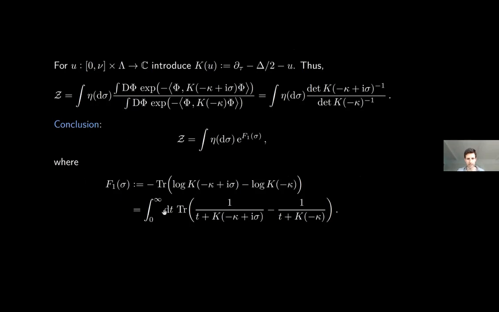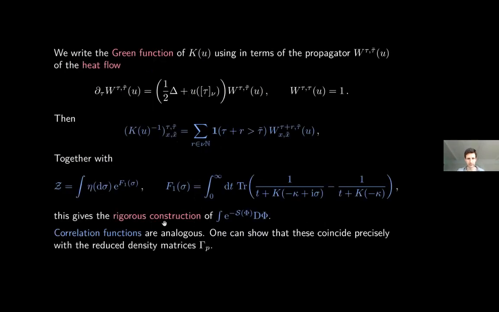Now, however, my tau is allowed to go from 0 to infinity. So when I introduce this U, I take tau, the new periodic time. If I take times larger than nu, I just fold everything back to the interval 0 to tau. And I define this W to be the propagator of this heat equation.